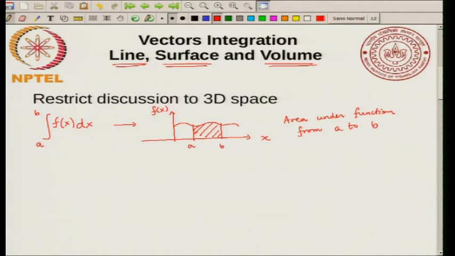Now, what do we have here? We have a function, but it is not a function of a scalar, rather it is a function of a vector, f of r. What we are thinking of is something like an integral over a vector.